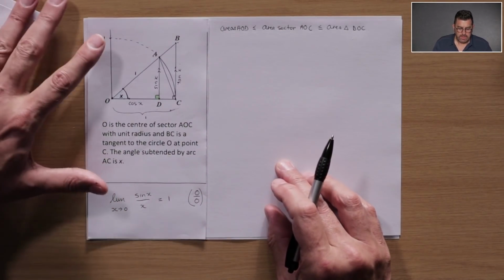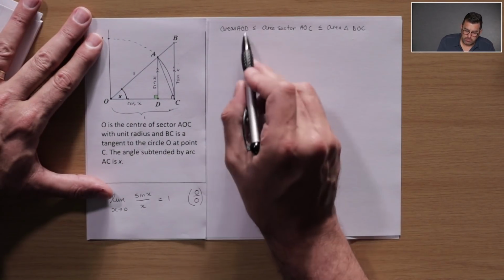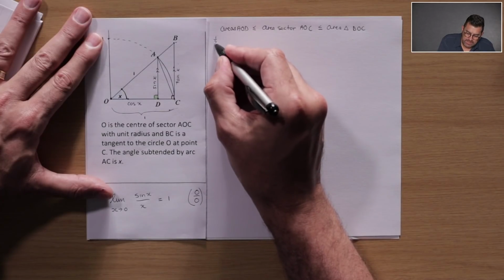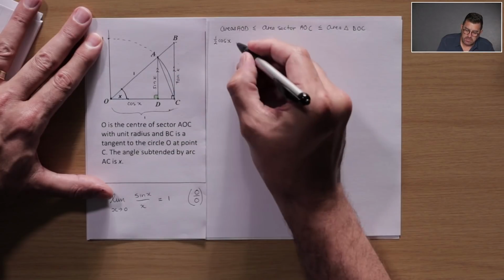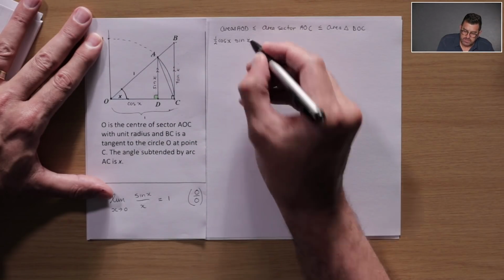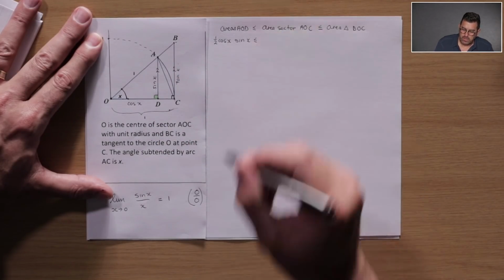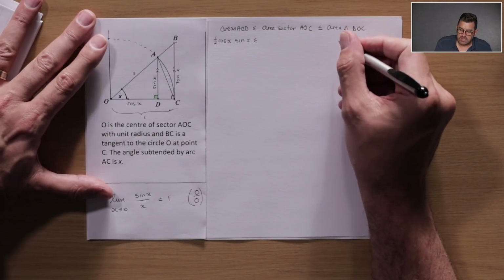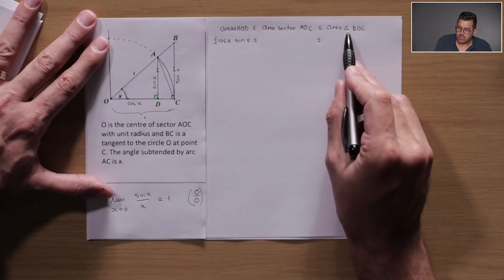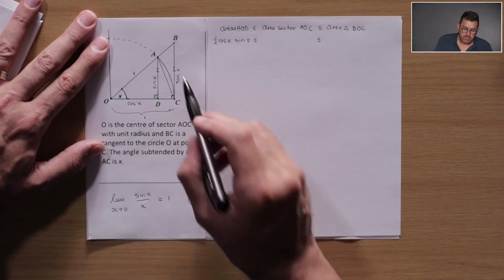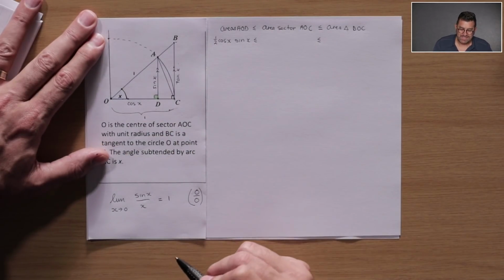Now, the area will be half base. The base is cos x, and the height we calculated to be sin x. That's a normal area formula. Let's finish the area on the outside here as well, because it's another triangle. Area of a triangle is half base times height.